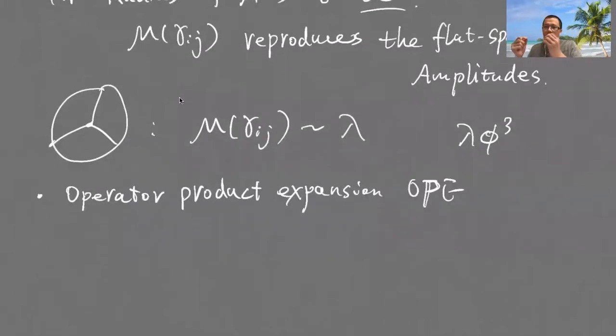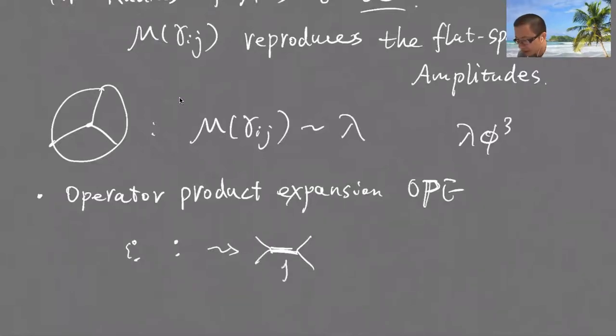Namely, you can put two operators very close. Say if you look at the 4-point correlator, when you put two of them very close, they can be described by the exchange of another operator.